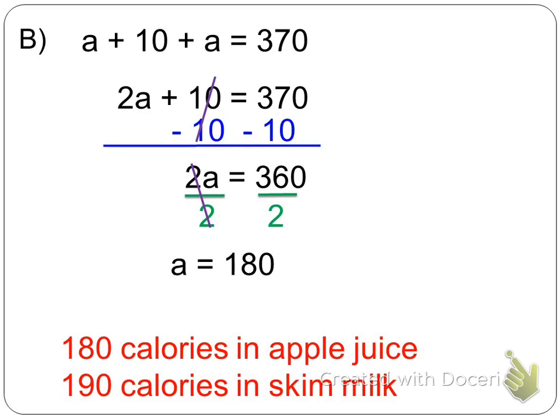All right, and then since it's a word problem, we were asked to find 2 things. So we have to put the label with the 180. We actually also have to find the other answer too. So 180 calories is the calories in apple juice. And remember from your chart, you can see that skim milk just had 10 more than that. So A plus 10 is 190.